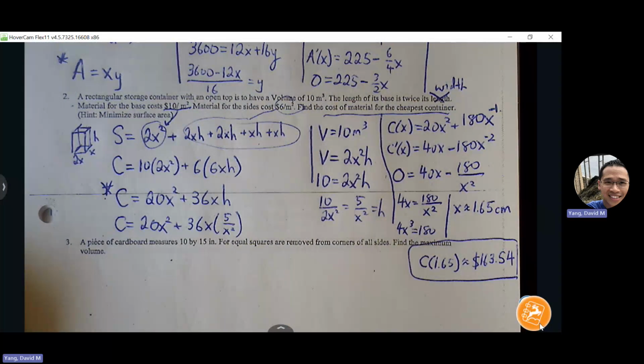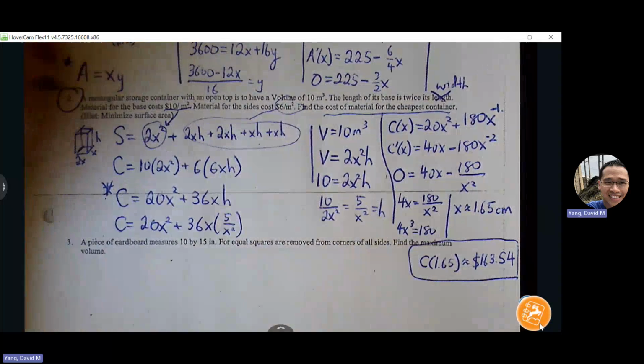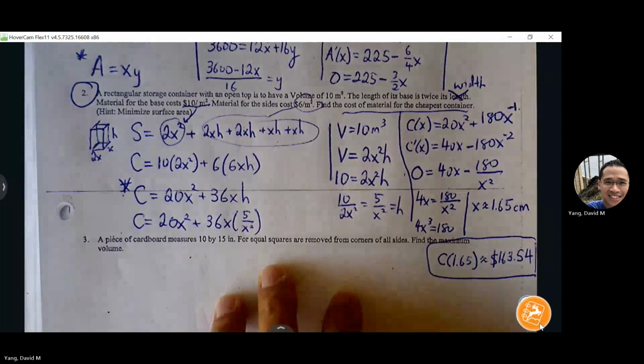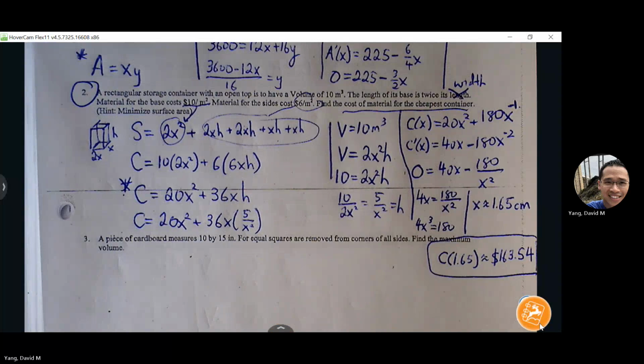Guys, I'm only gonna put one optimization problem on your test, and it's gonna look like this one, so we'll just focus our attention on that problem. Okay, any questions with any of the steps?